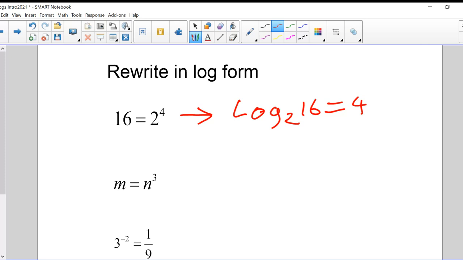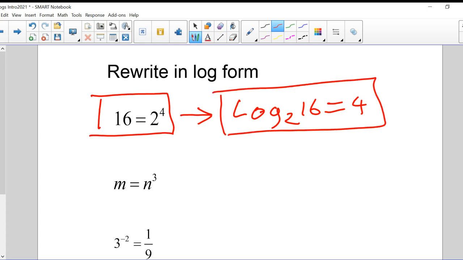So the base 2 log of 16 is 4, because if I took 2 and raised it to the power of 4, I'm going to get 16. That's why that is the logarithmic form of that exponential expression. So this is the exponential form, and this is the logarithmic form.